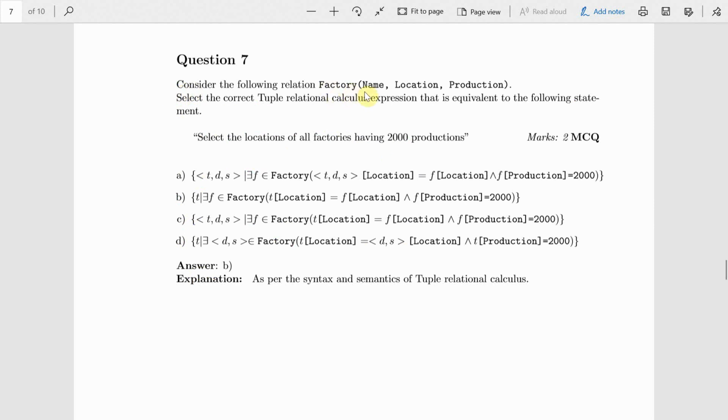Question number 7. Consider the following relation factory. Name, location, production are the attributes. Now the question is, select the correct tuple relational calculus expression. We call it a TRC expression.